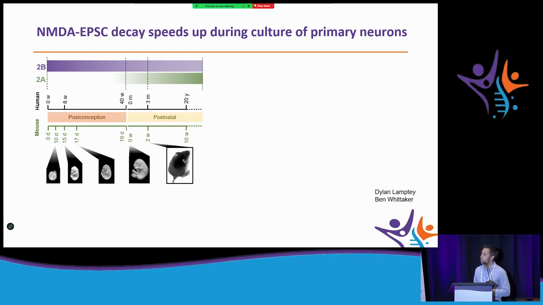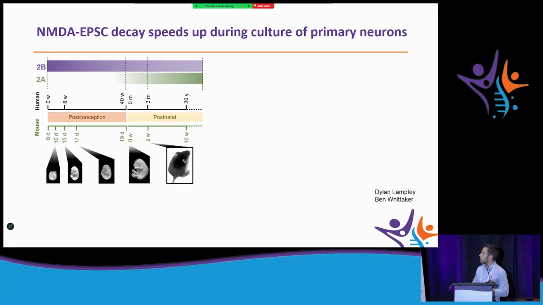So what we've done is we switched to using primary cultured neurons. These are usually prepared from younger animals. We can't prepare slice cultures from younger animals without sacrificing the organization of the culture. The tissue becomes disorganized very easily when you get it from animals that are too young. So we've switched to using dissociated culture.